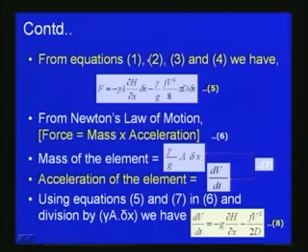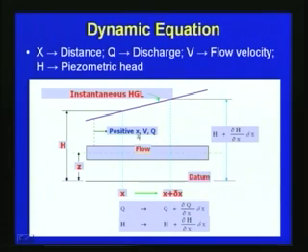So, from equations 1, 2, 3 and 4 we can write F is equal to minus gamma A del H by del X into delta X minus gamma G into F E square by 8 into pi D into delta X. So, for the given system here, we considered section 1 and 2.